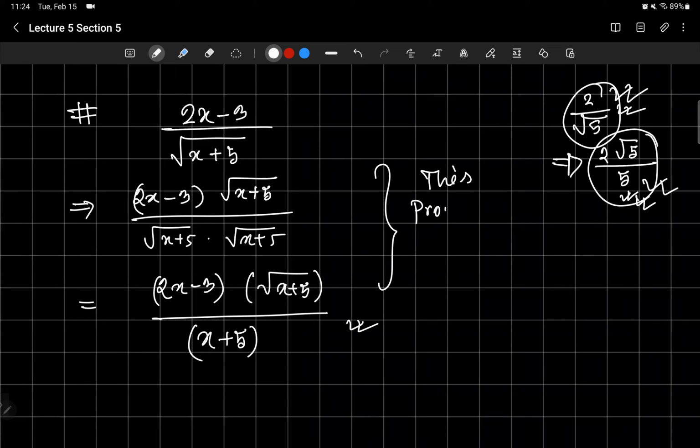So this process is known as rationalization. And you will see this frequently in calculus, especially in evaluating limits.